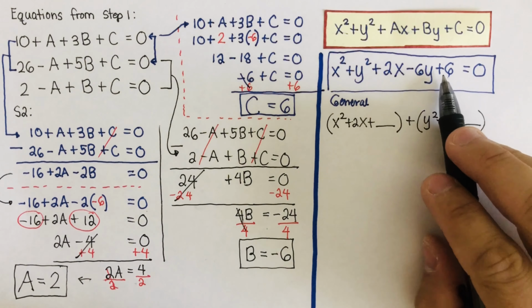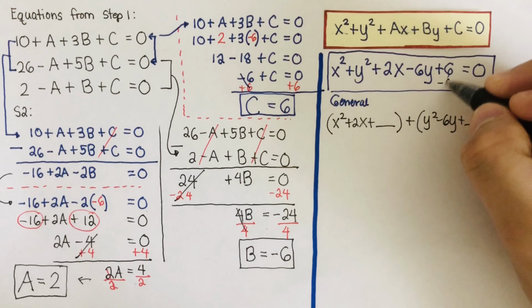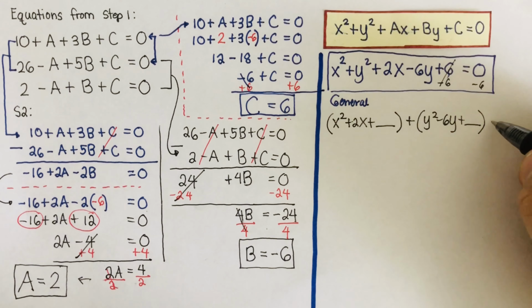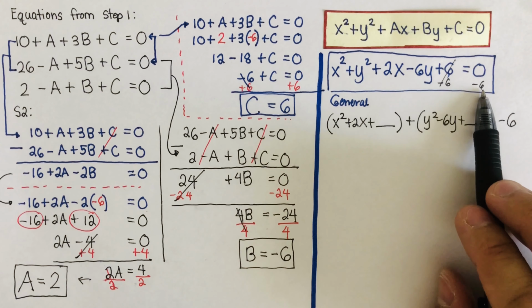This constant has to go to the right side, so I subtract 6 on both sides, so that should be gone. So that should be equal to negative 6, since 0 minus 6 is negative 6.